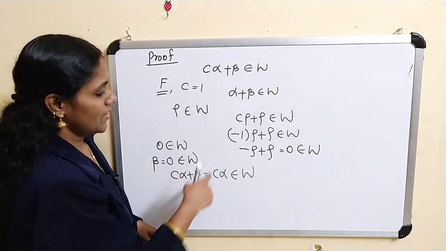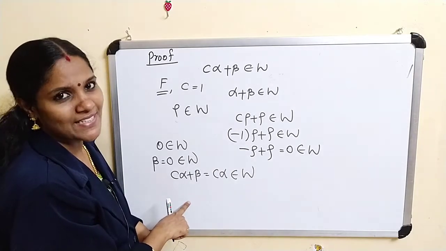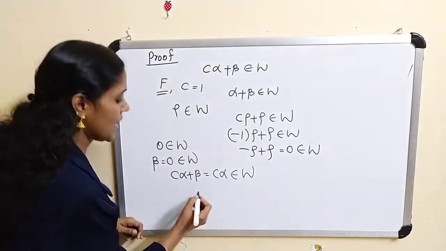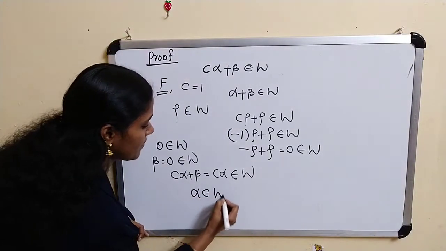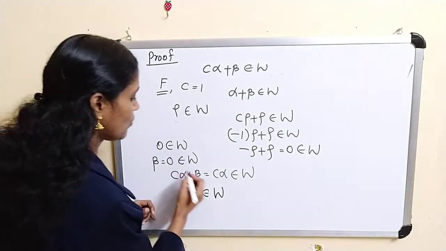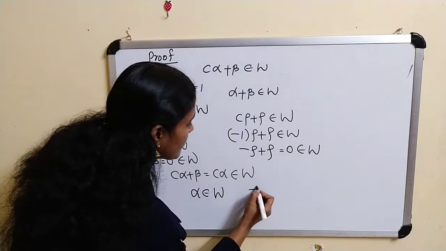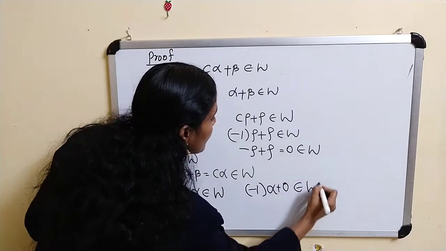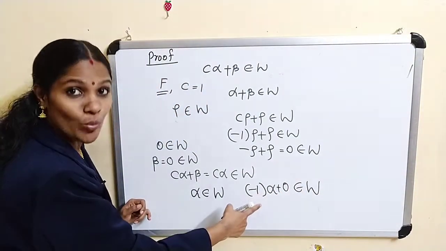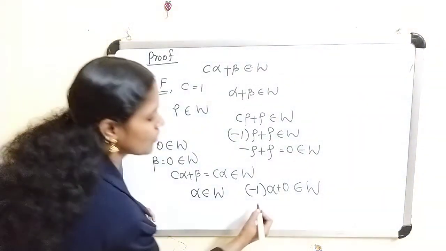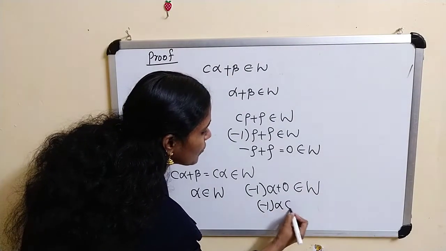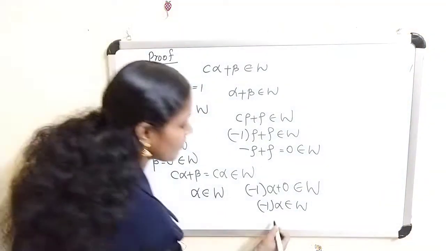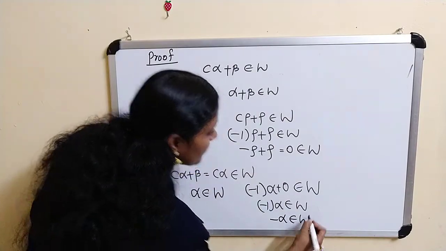Now we have to check whether the additive inverse exists for every element in W. Let alpha belong to W. If you take C equal to minus 1 and beta equal to 0, then clearly this belongs to W by our assumption. So minus 1 into alpha belongs to W. But by the elementary property, minus 1 into alpha equal to minus alpha, so minus alpha belongs to W.